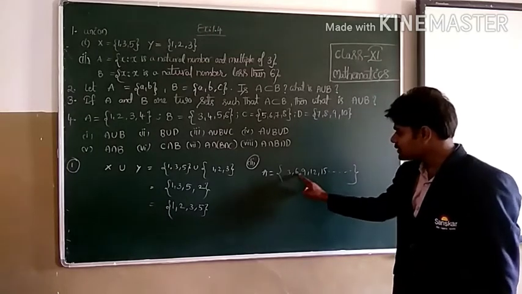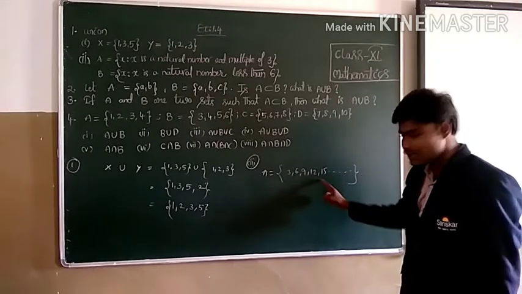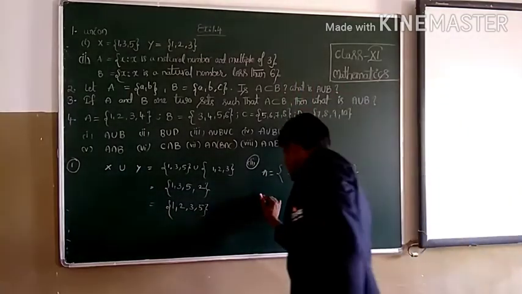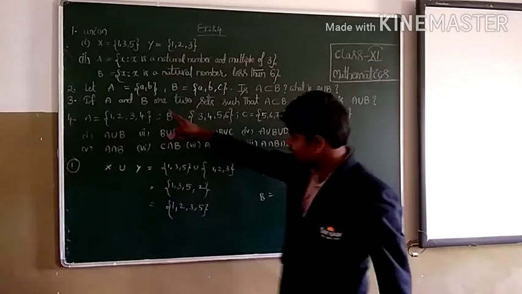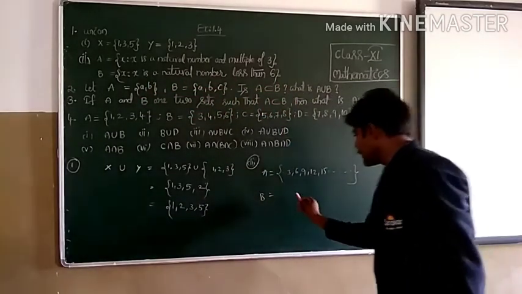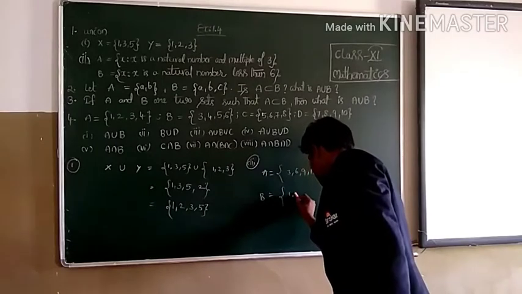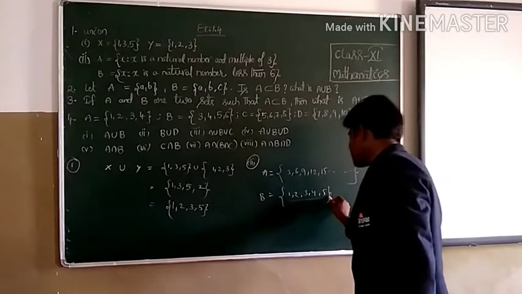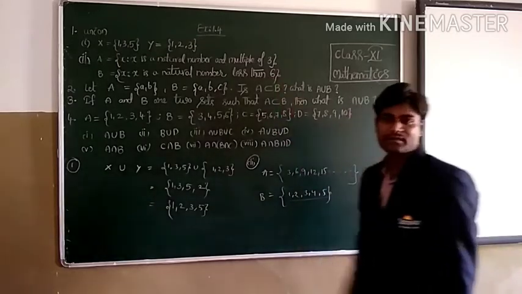So 3, 6, 9, 12, 15 are natural numbers and multiples of 3. Set B is {x such that x is a natural number and less than 6}, so we write 1, 2, 3, 4 and 5, because these are natural numbers less than 6, right?